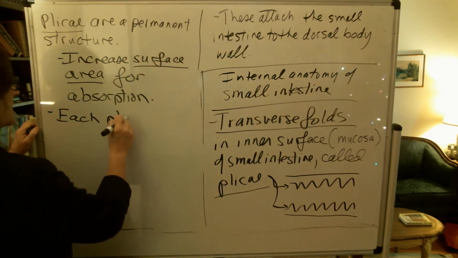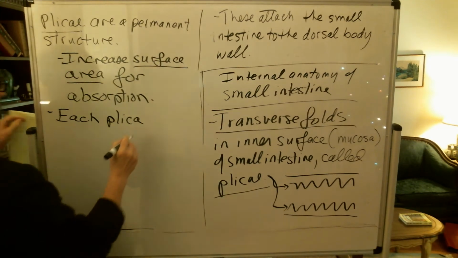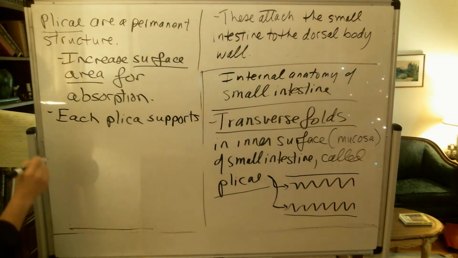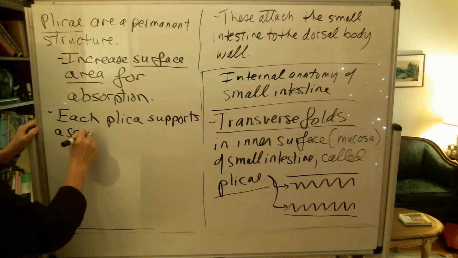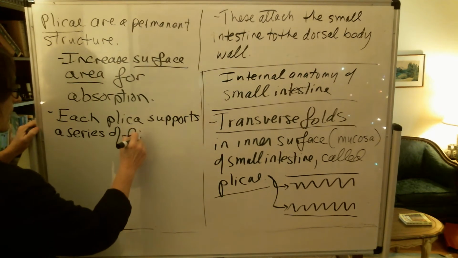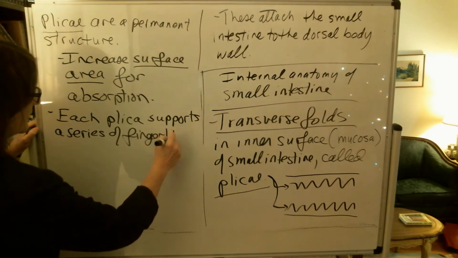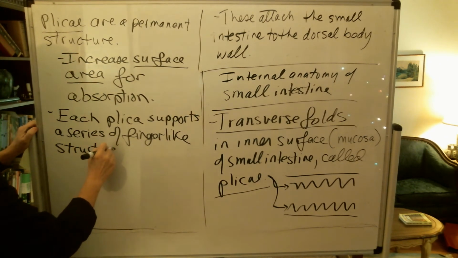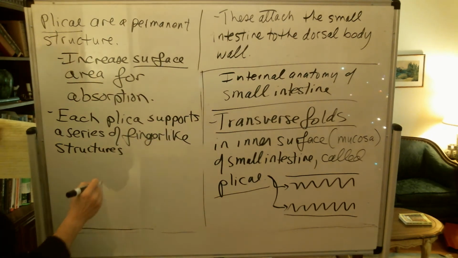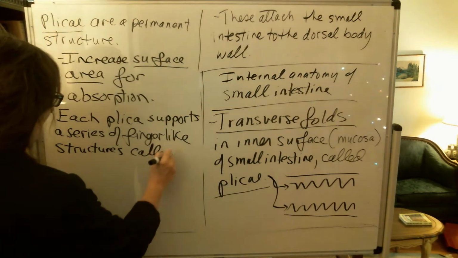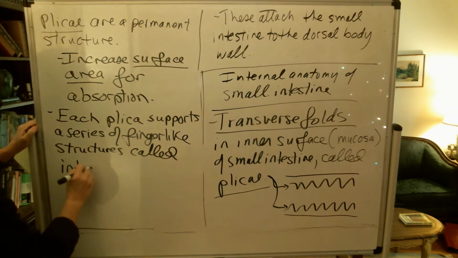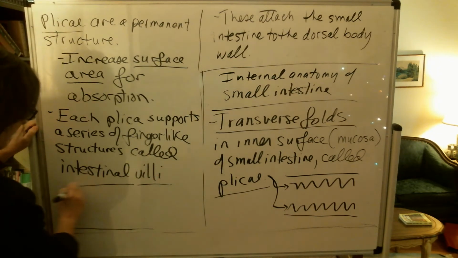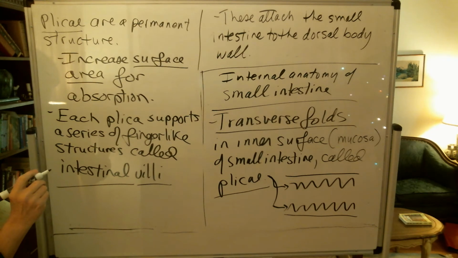Each plica, that's the singular of plicae then, each plica supports a series of finger-like structures called intestinal villi. So what do I mean by that?